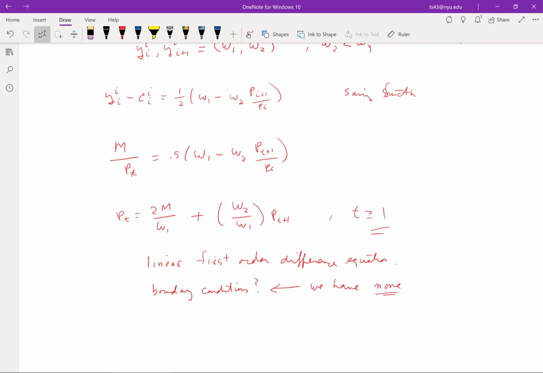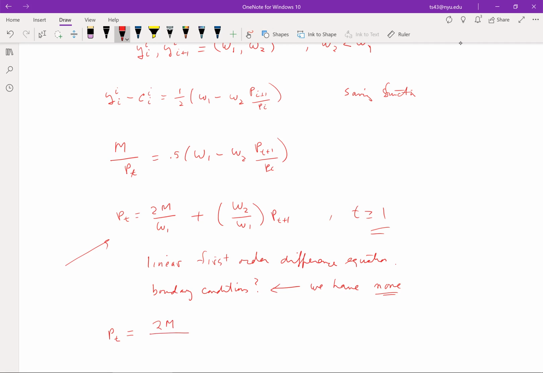So that means we're not going to have a unique solution. We're going to have more than one solution. So if I just analyze this equation using what we know about linear difference equations, I get a class of solutions that looks like this.